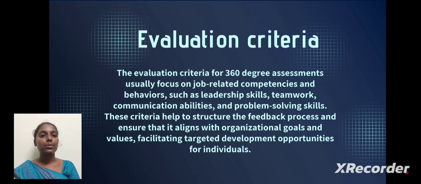These criteria help to structure the feedback process and ensure that it aligns with organizational goals and values, facilitating targeted development opportunities for individuals. It also helps the individual to find out whether the individual has attained the target that is aligned to their organization or their roles.